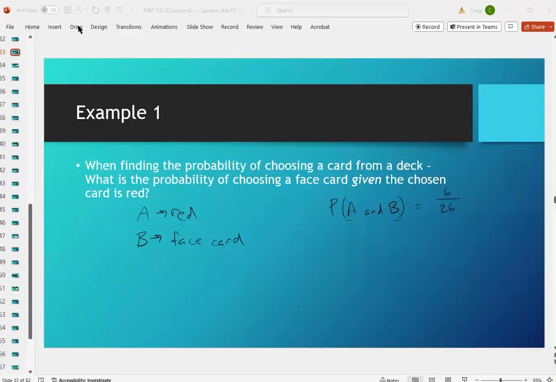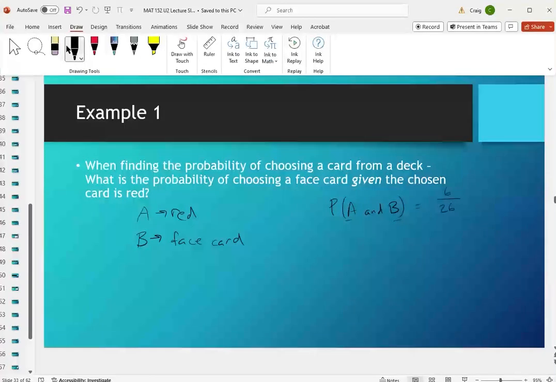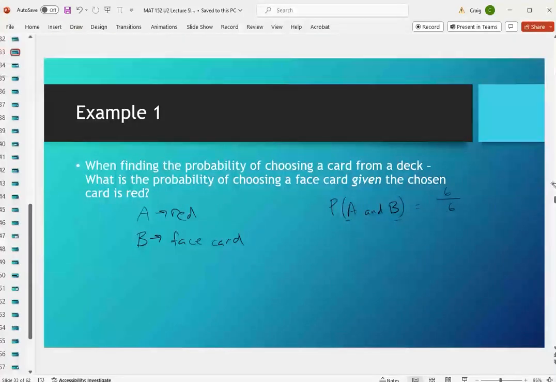Let me fix that real quick. So for the entire deck, I'm getting the two confused because you'll see why in a second. For the entire deck, the probability of choosing a red face card is 6 out of 52. There are 6 red face cards, 52 cards total. Okay, the probability of just choosing a red card, well, that's 26 out of 52. It's half. And we can reduce these, but I want to show you something real quick.